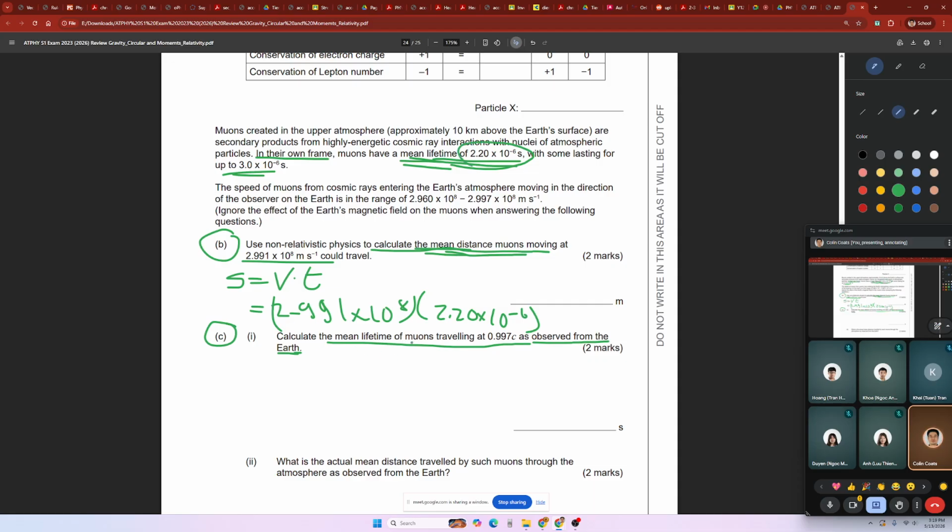Now it's asking what's the mean lifetime while traveling at that velocity. Well, if we use our equation, it should be t0 over the square root of 1 minus v squared over c squared, yes?